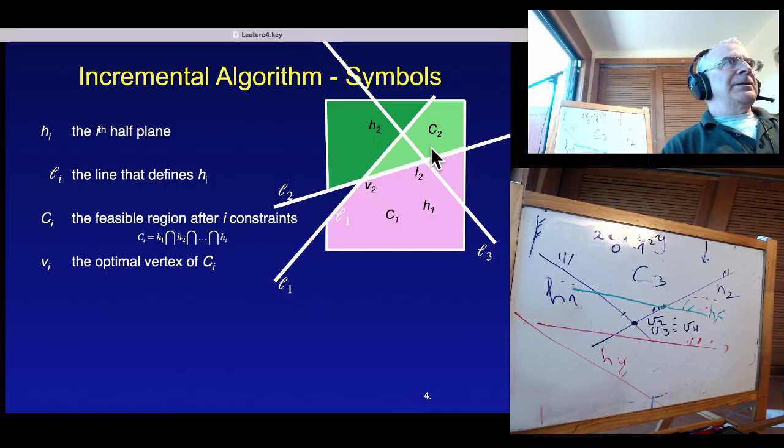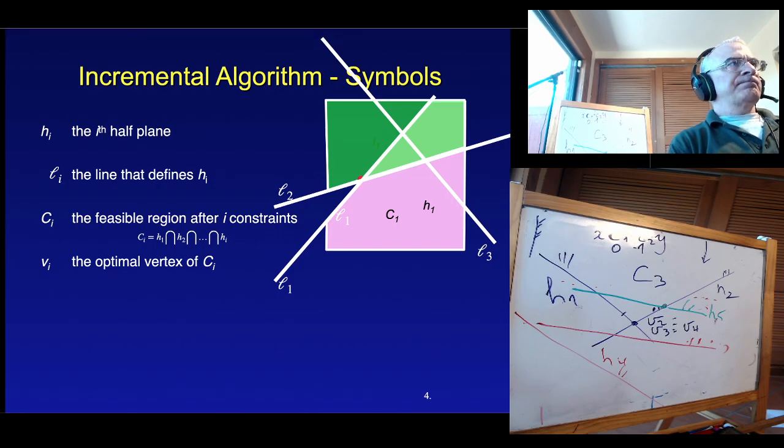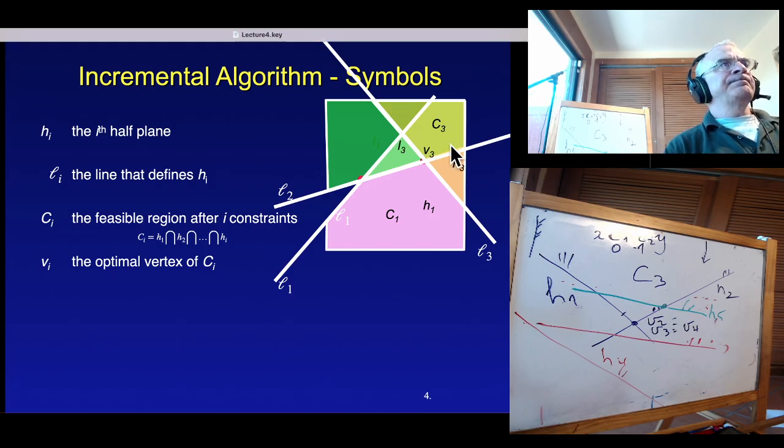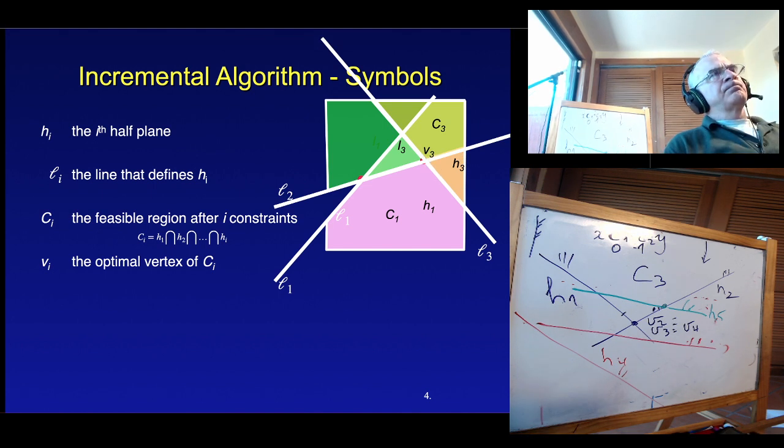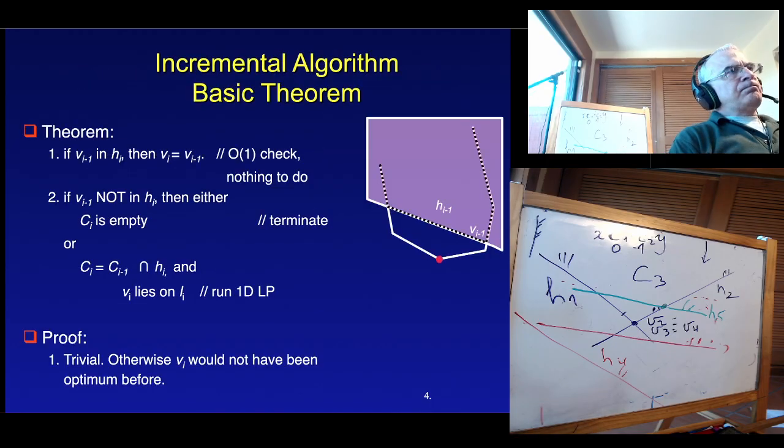So in the slide, when I'm inserting h3, that would be V2. Here I'm inserting the third vertex, and V3 is becoming this point. Okay, everybody is good with this notation?